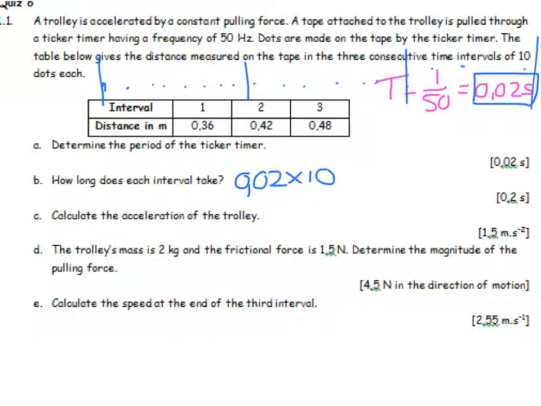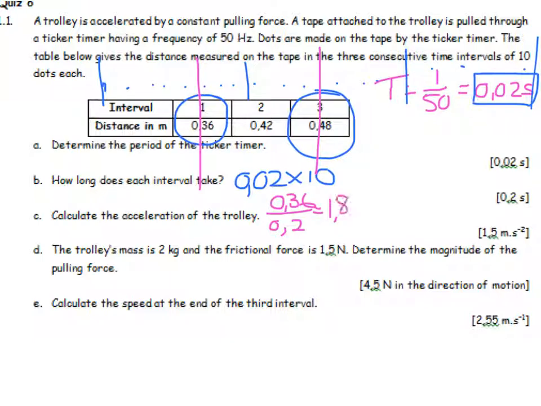Calculate the acceleration of the trolley. The way that you calculate acceleration is working out a velocity for the first interval and a velocity for the last interval, realizing that they're both at the halfway mark, and then working out a change in velocity. So you're going to say 0.36 divided by 0.2. That's the time taken. So that turns out to be 1.8 meters per second.